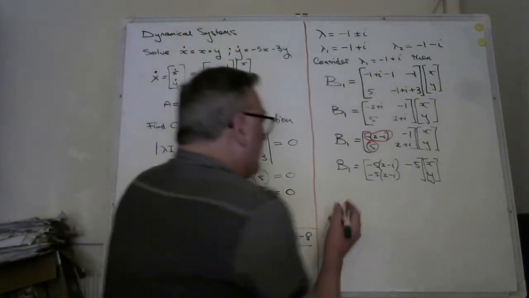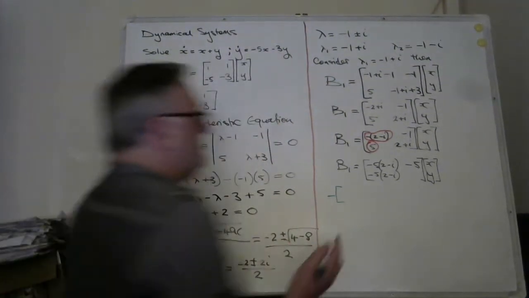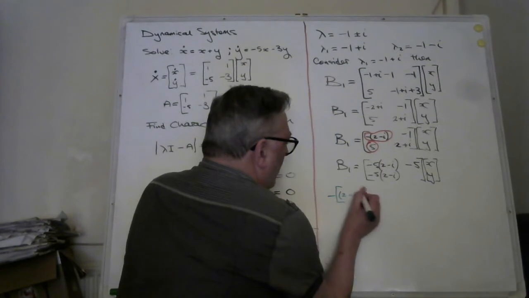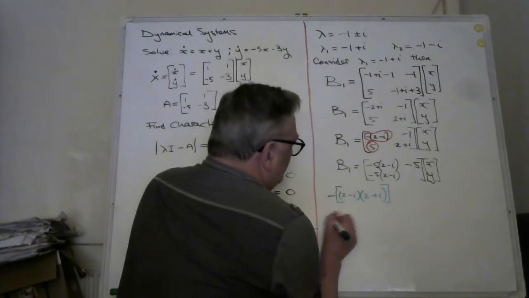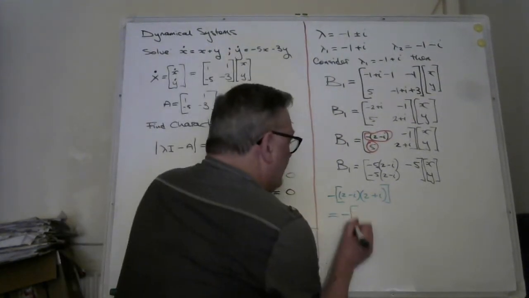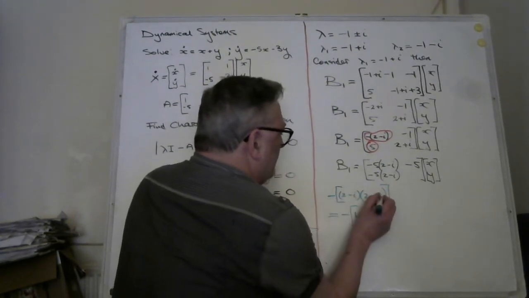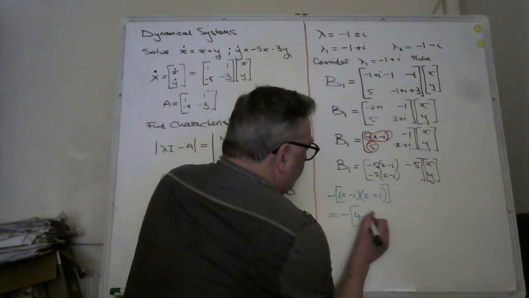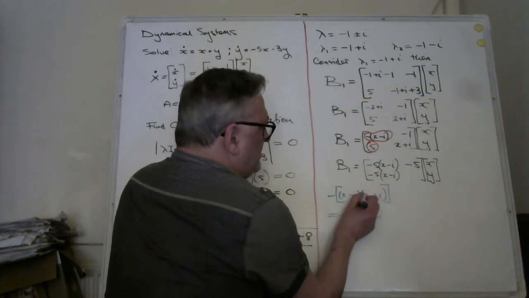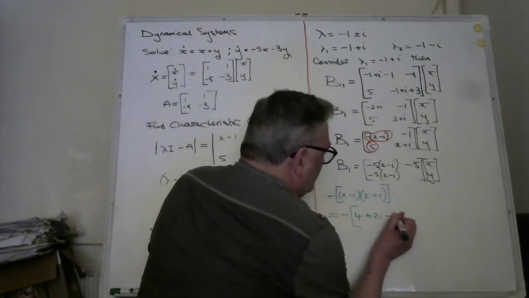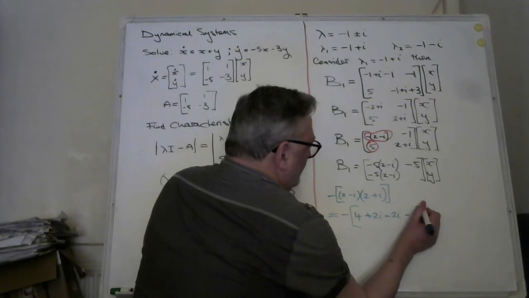So if you multiply minus, I'm going to take the minus right hand side of the bracket, 2 minus i times 2 plus i, we get minus, in the bracket, 2 times 2 is 4, 2 times plus i is plus 2i, minus i times 2, or if you like 2 times minus i is minus 2i, and minus i times i is minus i squared.